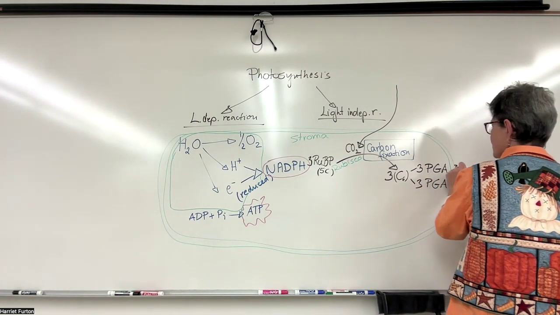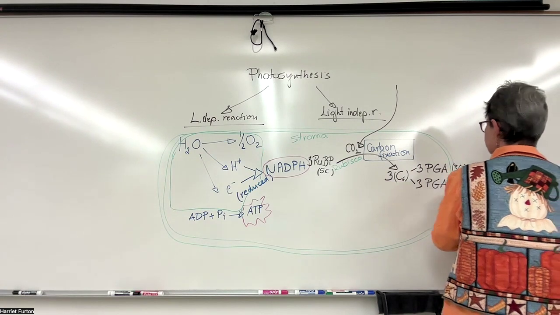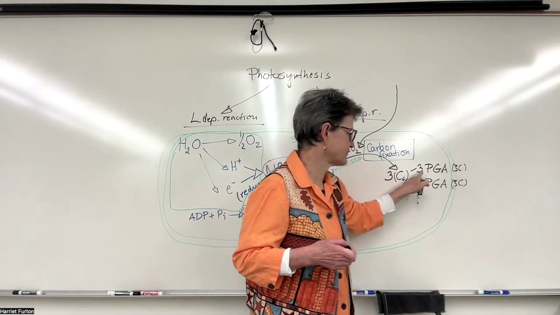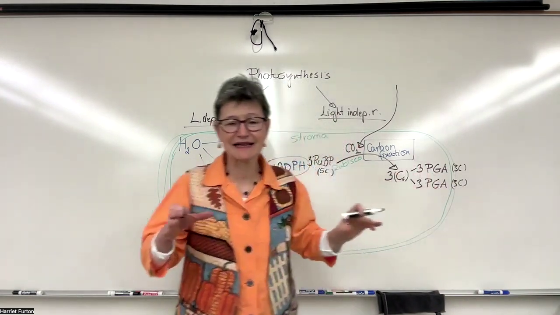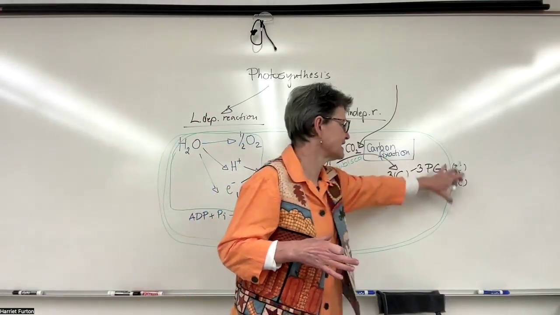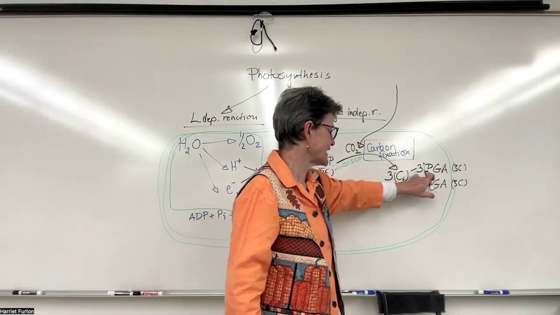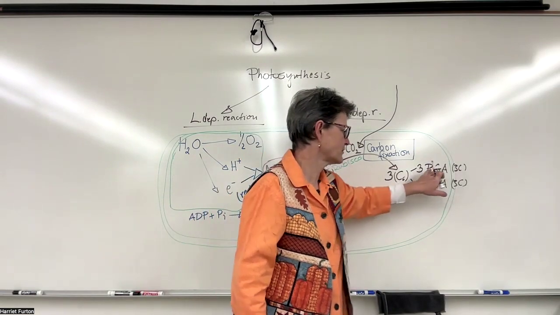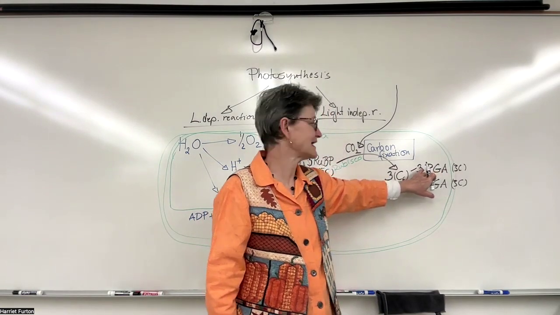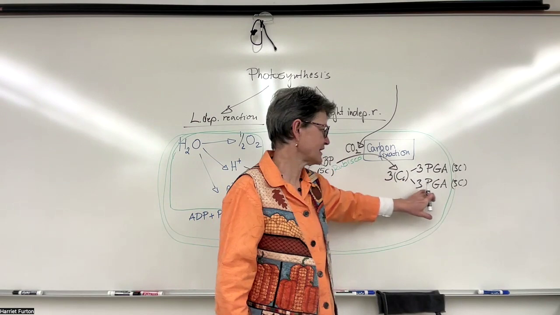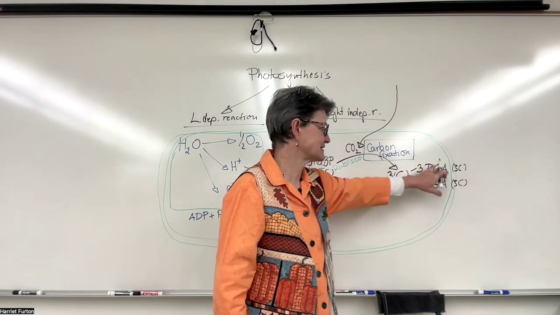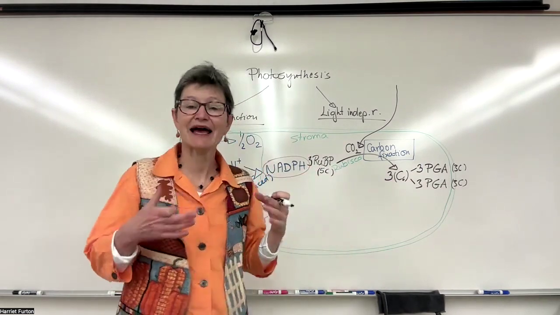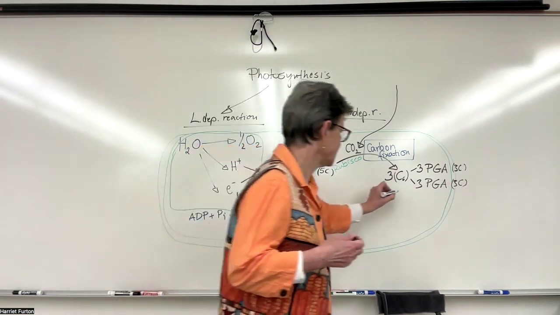These are 3 carbons. So altogether 18, 3 times 6. So we still have 18 carbons in this reaction, but 6 molecules of 3-phosphoglyceric acid, each of them contains 3 carbons. So altogether still we have 18 carbon.